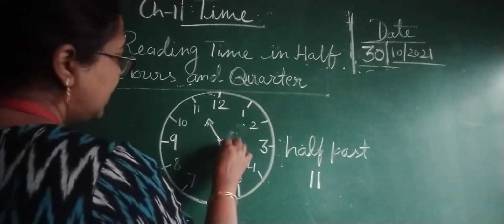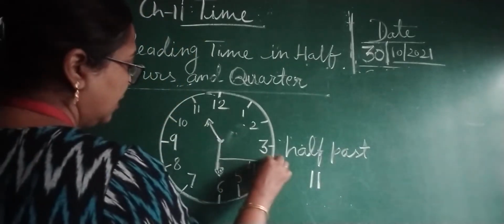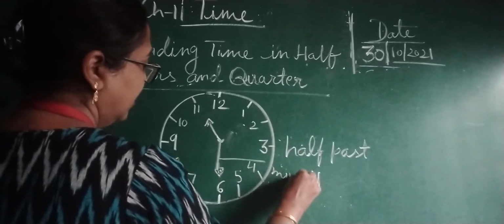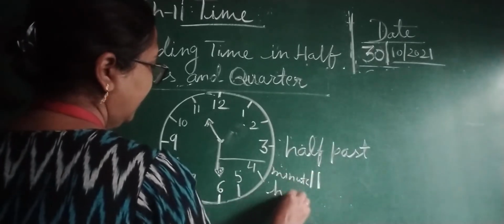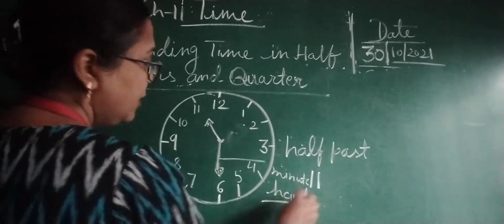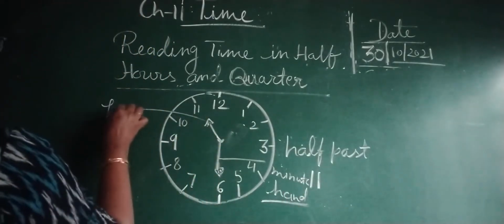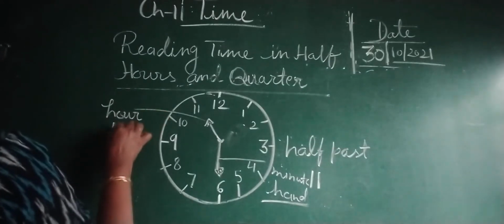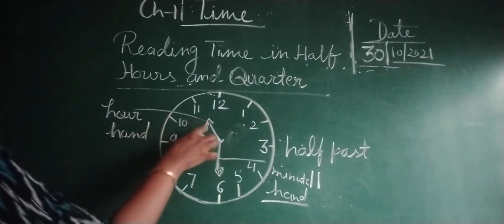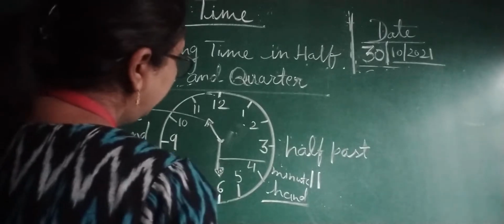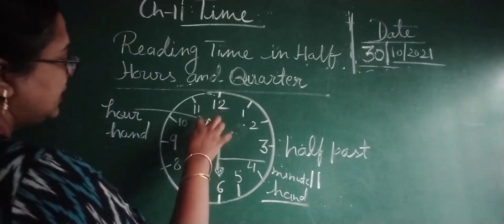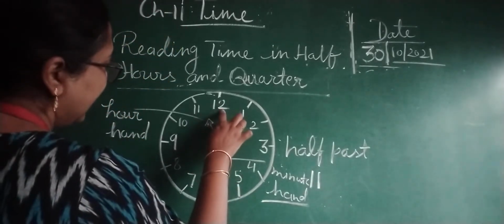Why? Because this is your minute hand. The bigger hand is called the minute hand, children, and the shorter hand is called the hour hand. As you all know, this is not new for you. So this is the hour hand, and here you can see that it is in between 11 and 12.